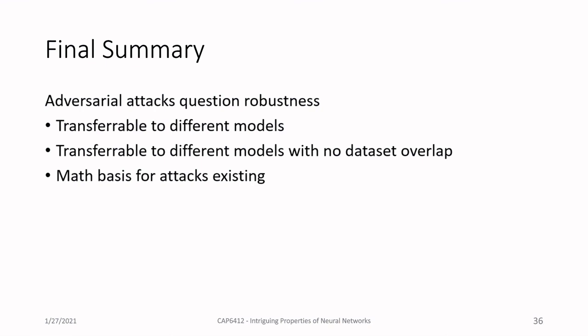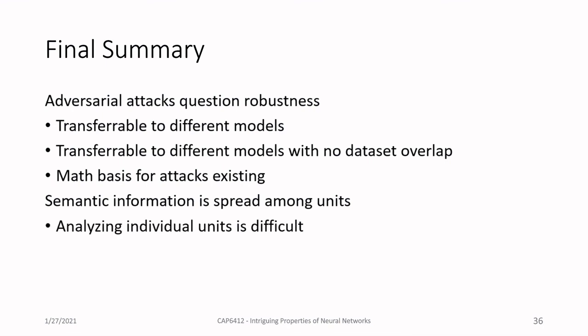And then they give a mathematical basis for these attacks existing, as well as an avenue of research for how to reduce the effect of these attacks. And then the second part concluded that the semantic information is spread among the units as opposed to individual units. And it kind of concludes that analyzing the individual units is more difficult than the prior method would suggest.